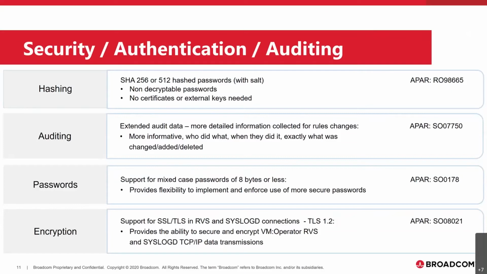When they started asking those different questions, we realized we needed to enhance how we protect their data, including our passwords. So in this case, we added hashing to VMSecure, and we now support SHA-256 and/or 512.